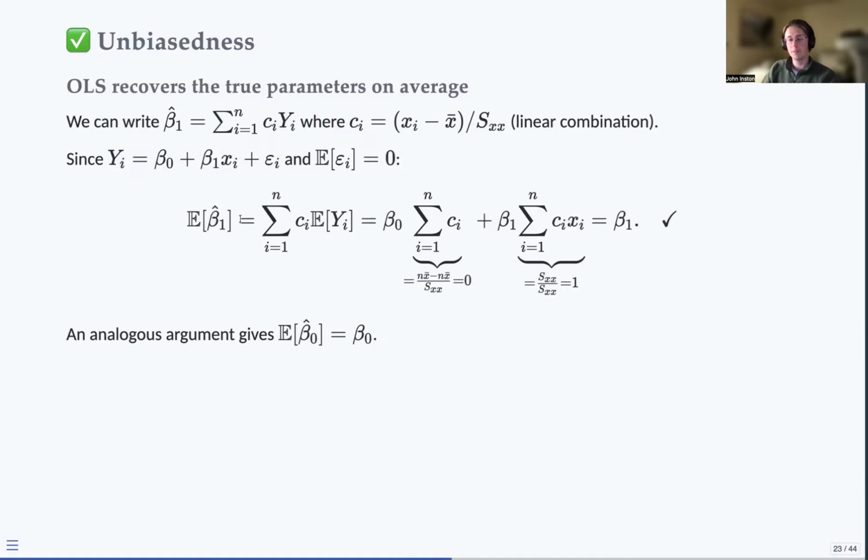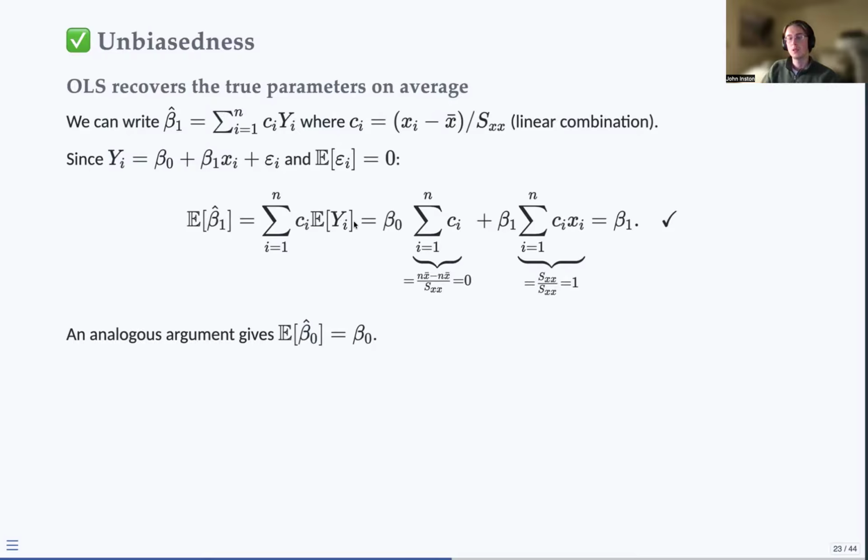So I take the expectation of beta hat 1, plugging in beta hat 1, I get the expectation of the sum of Ci and Yi. Now Ci has absolutely nothing random in it. This is all to do with x itself. All the x's are observed. The only thing random is the y's, because that's our response. So that's why the expectation just comes onto the individual y's.